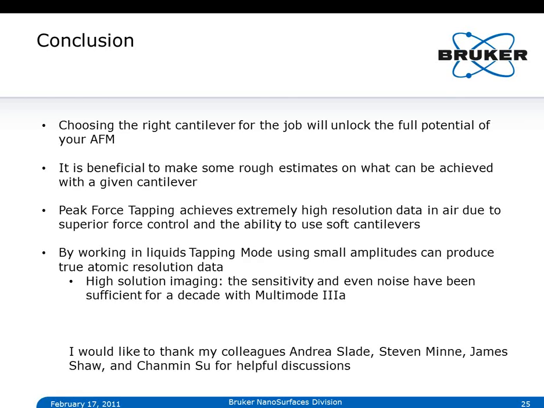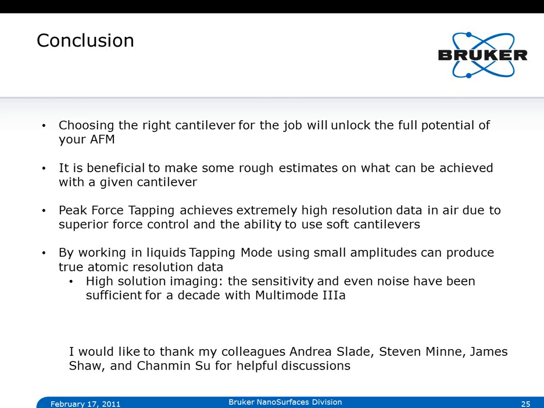And that's exactly what we do. So even when we have a cantilever that rings, we're still perfectly able to extract the peak force out of that signal. So will it ring? Yes. Does it affect our ability to do imaging at extremely low forces? Absolutely not.